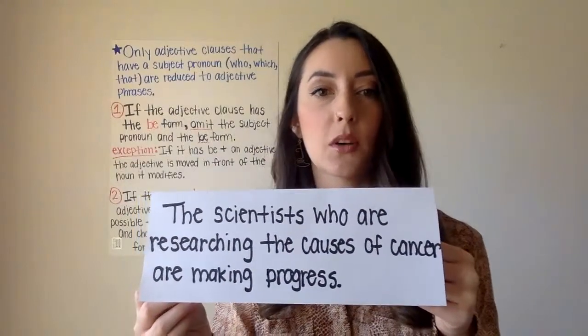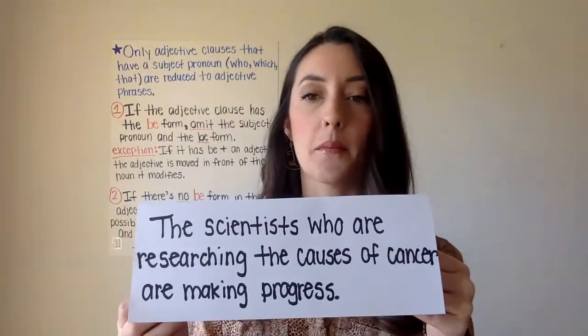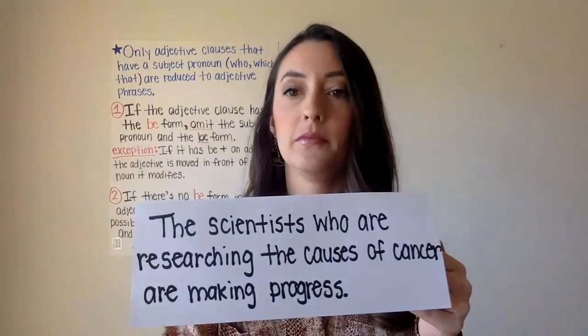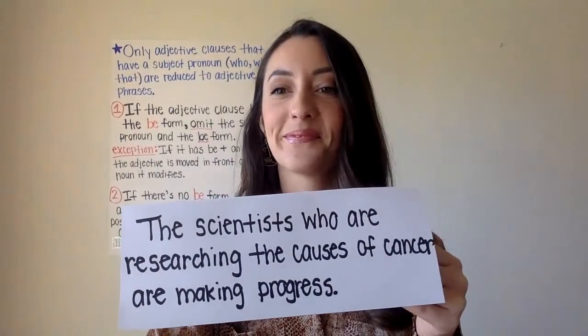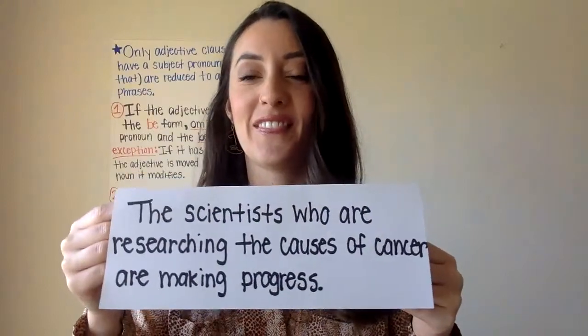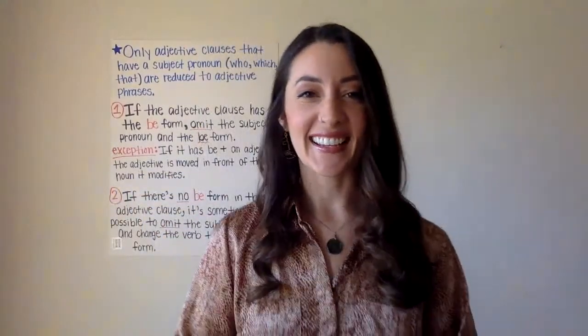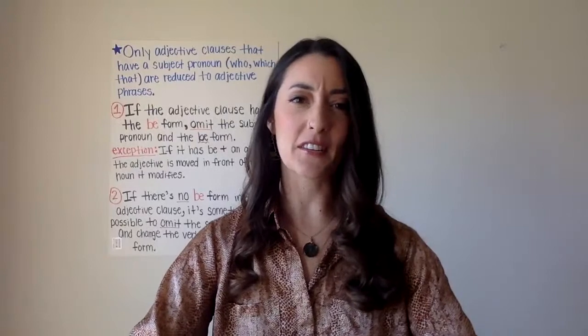The scientists who are researching the causes of cancer are making progress. I already see one right answer. Very good, Mary. Great job. Awesome. Okay, very good. Easy enough. This one was a little bit of a longer sentence.